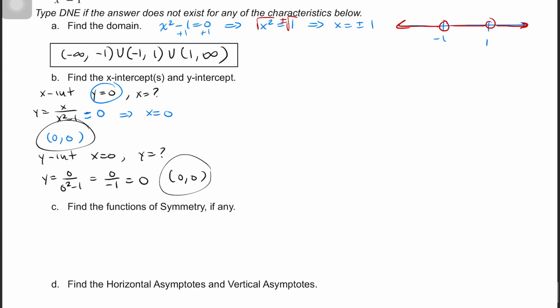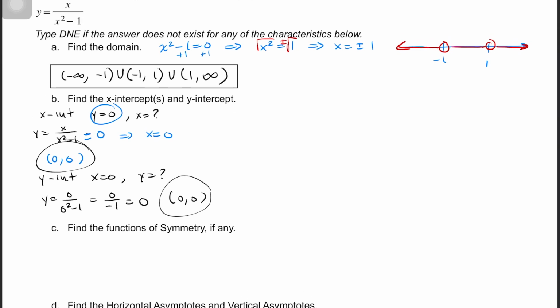Let's find whether the function has a symmetry or not. I remind you that what we did before is we take the original function and replace x with negative x. Let's see what happens. On the numerator, we're going to get negative x. The denominator, negative x squared, is going to be x squared minus 1.